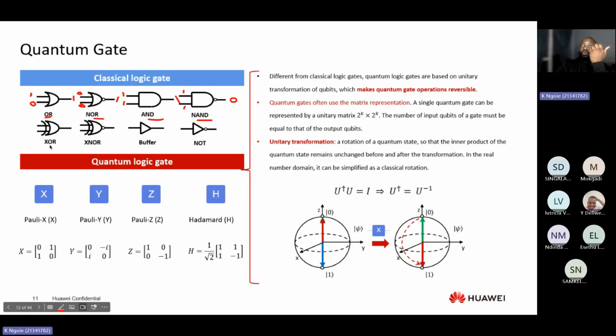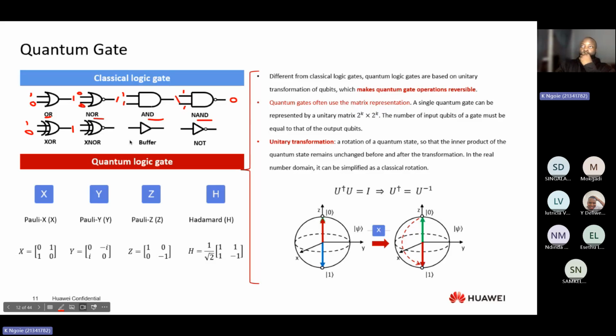But in the XOR gate, this is an exclusive OR, which means that it can only be 1, 0. That will give us a 1. If we have 1, 1 in a XOR gate, it's not exclusive. So exclusive means only 1.